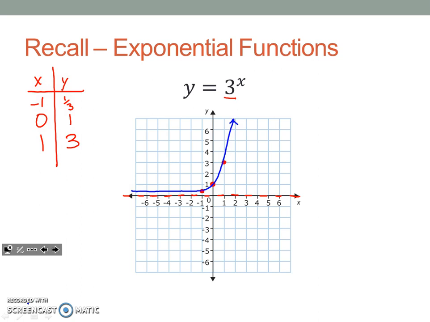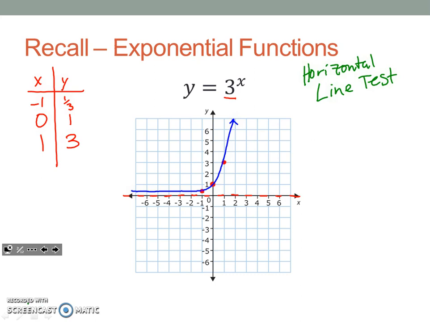And the reason that this exponential function is important is going to go back to lesson 50 when we talked about inverse functions. And one of the things that we talked about in our inverse functions was the horizontal line test. And that horizontal line test would allow us to see if functions had inverses.